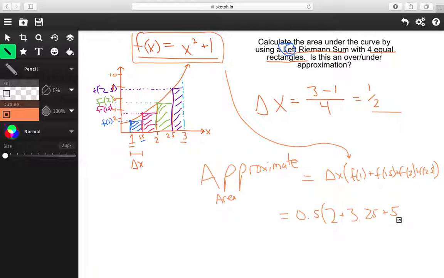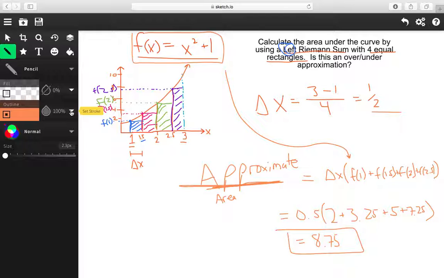And f of 2.5 is going to give us 7.25. And now with some quick math, we find that this is equal to 8.75. Now again, this is our approximate area. This is not the actual area.